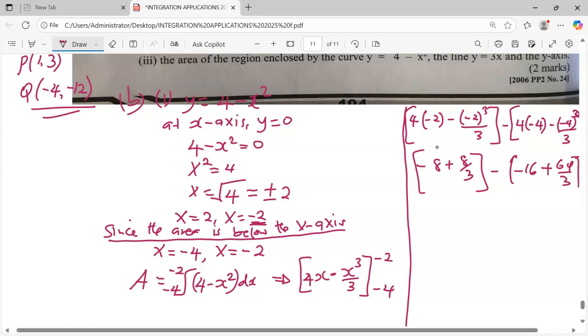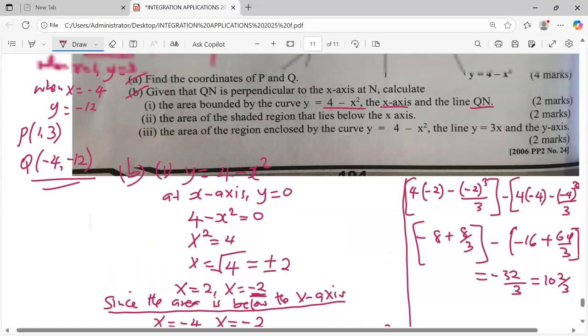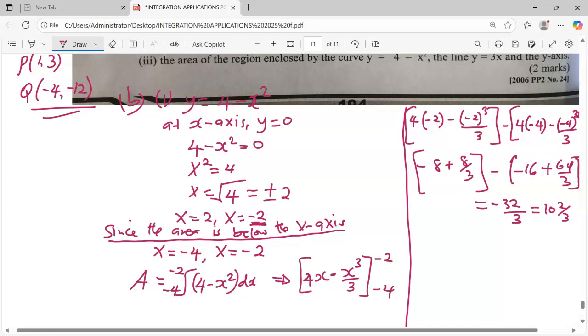And in this case, when you work out this particular question, it will give us -32 over 3, which is going to give us 10 and 2/3 as the answer to this region, and the area is going to be in square units. That is simply 10 2/3 square units.